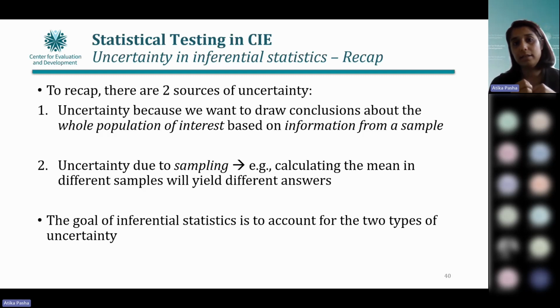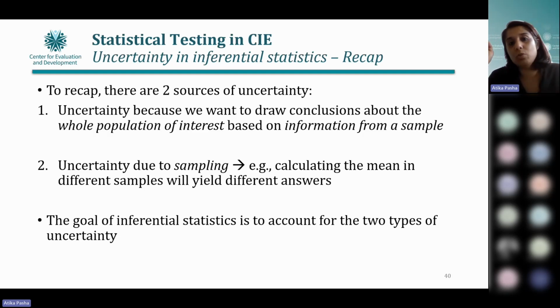The second uncertainty is that our sampling error might lead to different means when we sample differently. So one sample might give us a mean of 1,135, another sample might give us a mean of only 1,000. And how this affects us is that it could take our hypothesis either way.